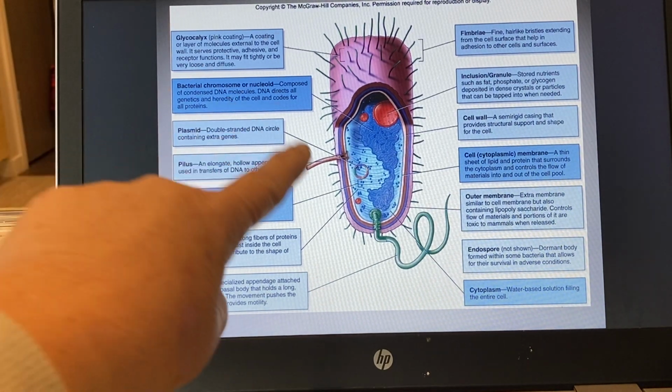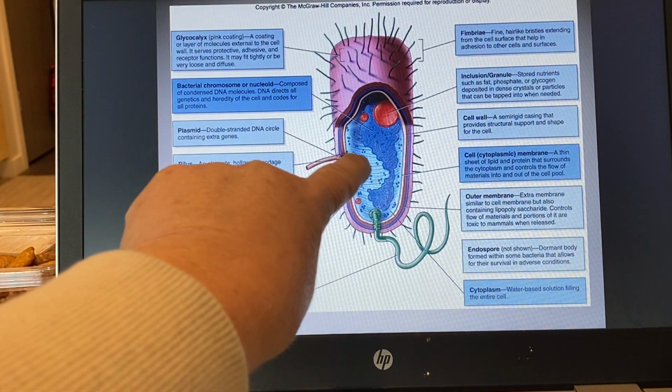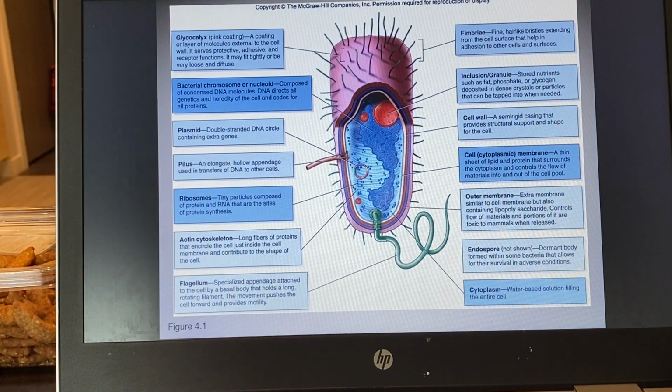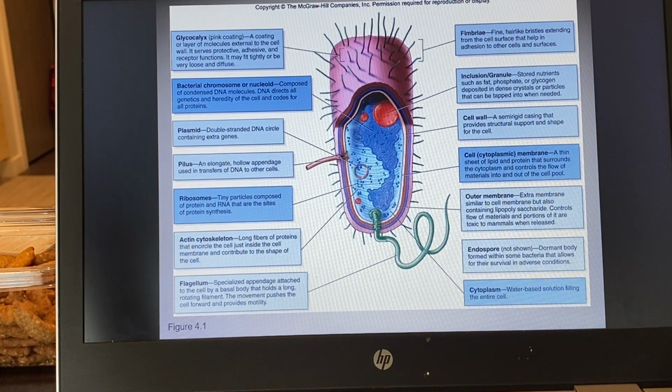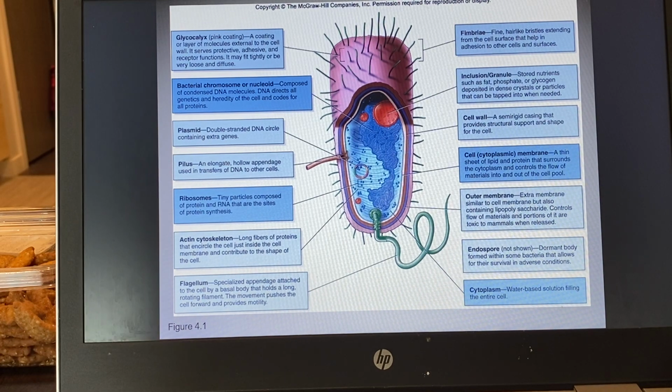And then you have this smaller circular structure, and that is called a plasmid. Okay, so the definition of a plasmid is a small circular piece of DNA that carries, and this is really important, non-essential genes. So it's basically extra genes.